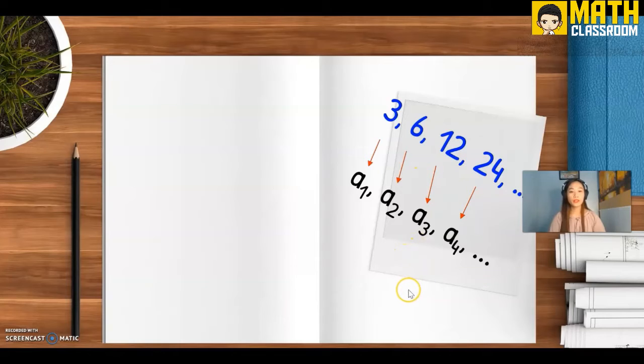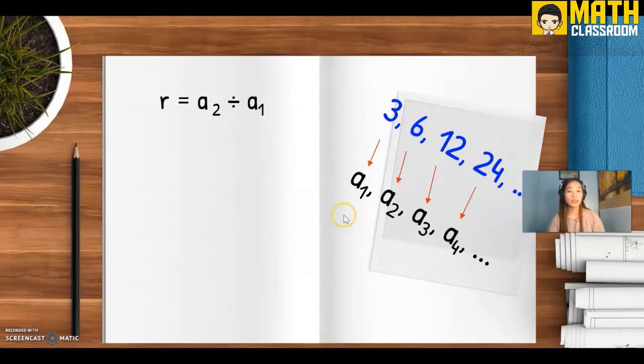From the previous definition, common ratio is the quotient of a term from its previous term. So we can denote common ratio as small letter r equals a sub 2 divided by a sub 1. Question: why didn't we use 3, or a sub 1, first?